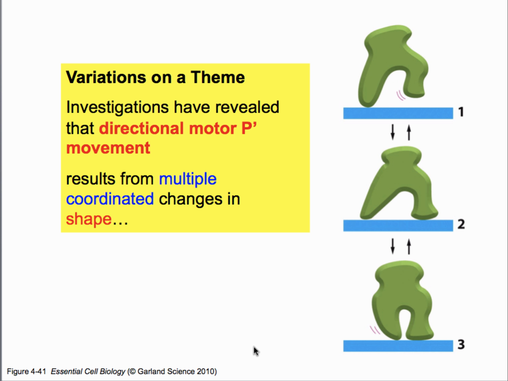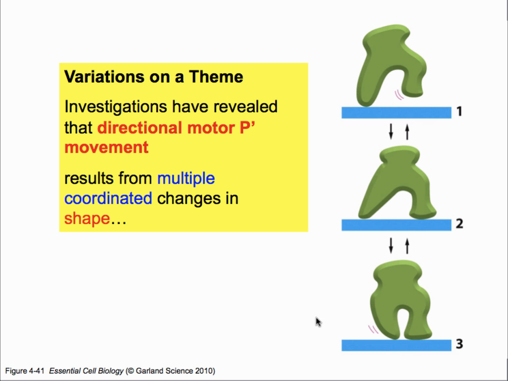Our understanding of proteins has led us to discover that there are many motor proteins traveling inside the cell along the cytoskeleton. These motor proteins perform a sequential change in their configuration, which leads to the protein actually walking along the cytoskeleton in a particular direction.